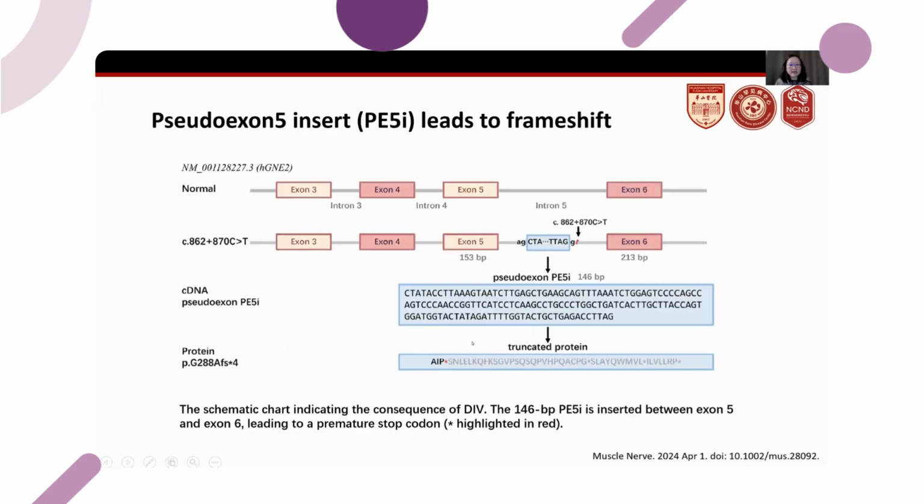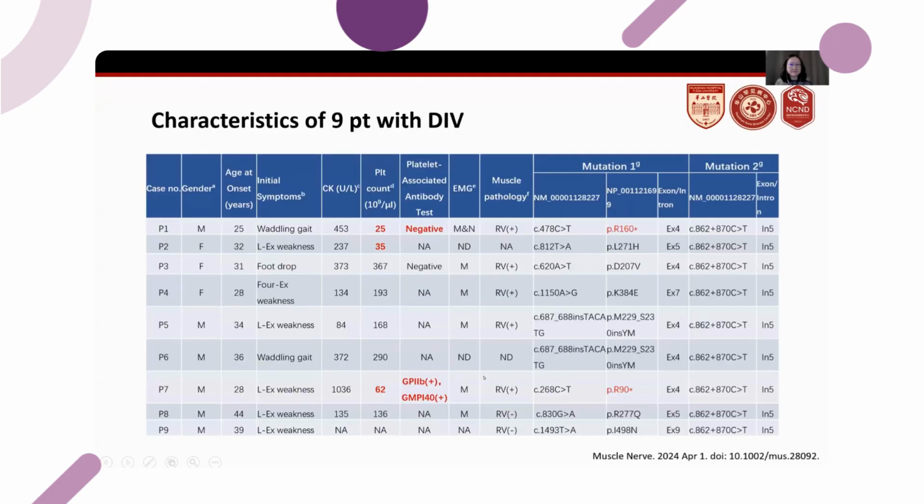So actually it creates a pseudoexon insertion in intron 5, which was predicted to lead to a truncated protein.